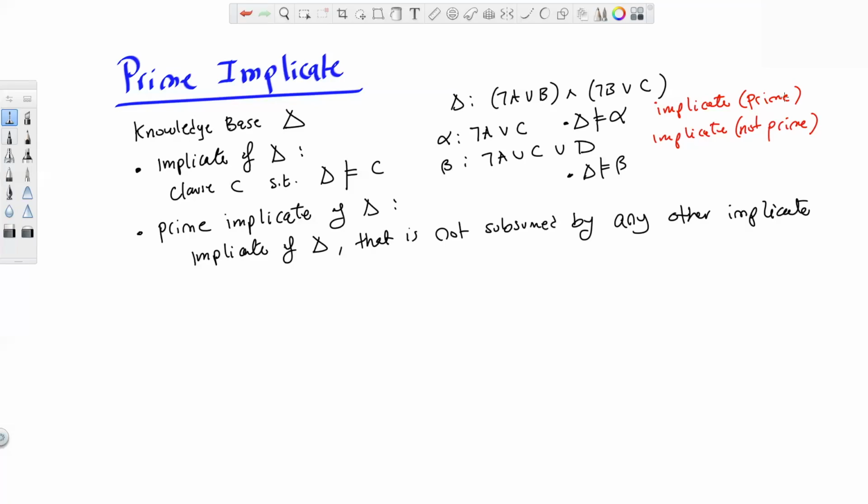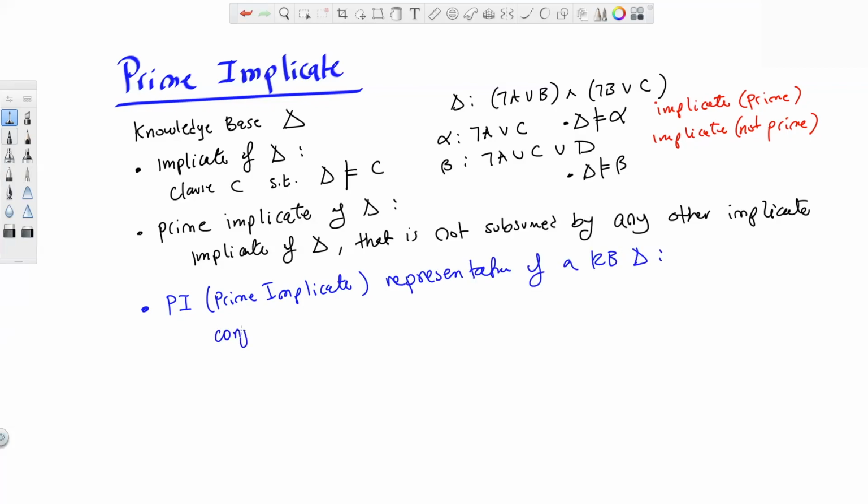All right, and now we're ready to talk about this notion of a PI representation, or a prime implicate representation, of a knowledge base. This is effectively just a conjunction of all prime implicates of delta.